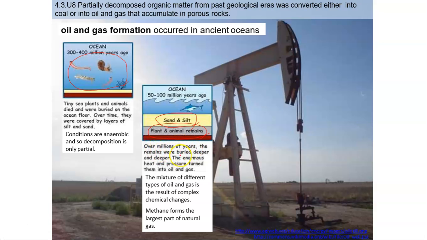Over millions of years, the remains are buried deeper and deeper, and the enormous heat and pressure turned them into oil and gas. The mixture of different types of oil and gas is the result of complex chemical changes, and methane forms the largest part of natural gas. All right? So oil and gas formation occurred in ancient oceans.